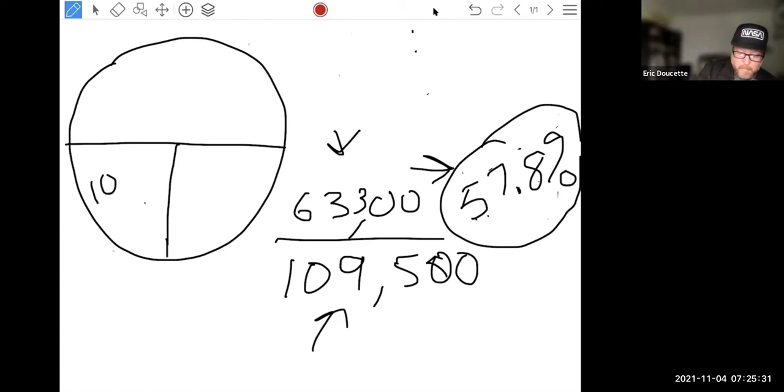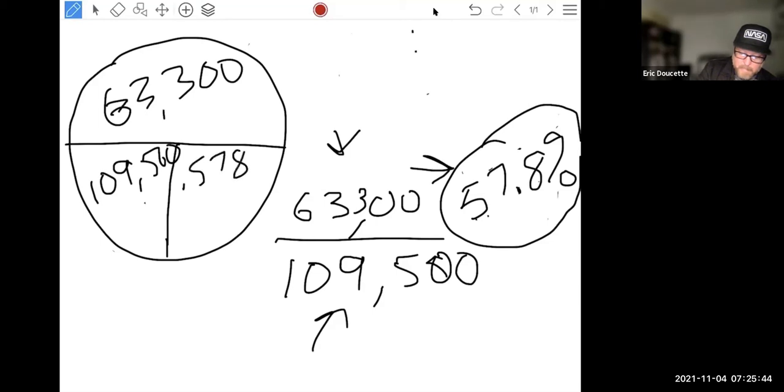So I need to go back to my formula. I'm going to do the 63,300, and when I did the division on that, it came out to 0.578. However, because this is not the discount amount, this is the net price, I'm going to have to subtract that from 1.